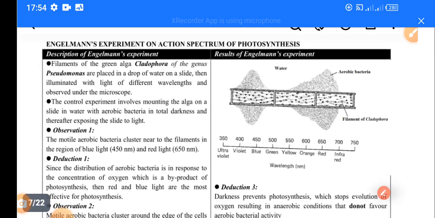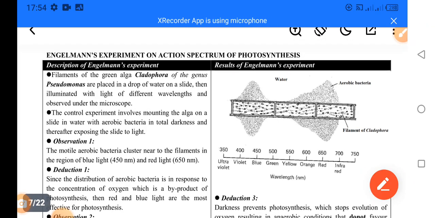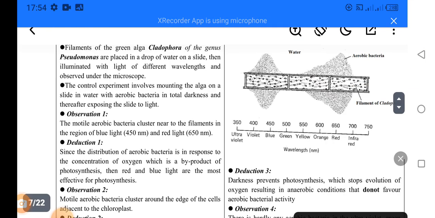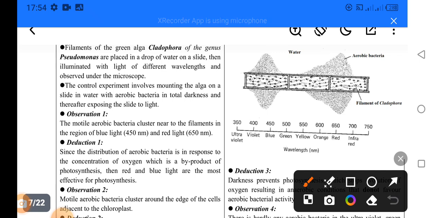Our first observation: the motile bacteria cluster near the filament in the region of blue light, around 450 nanometers here.